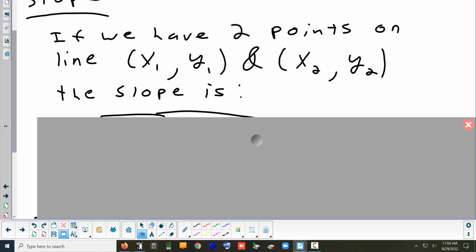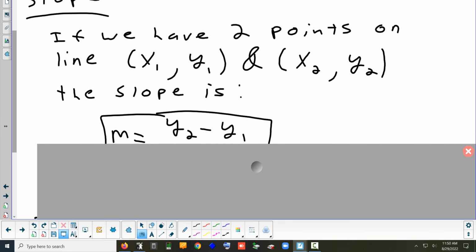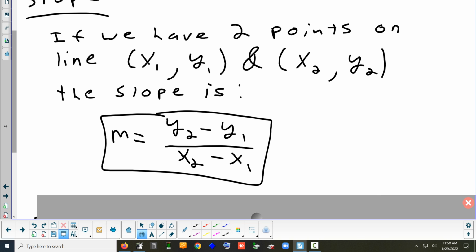Was it y2 minus y1 over x2 minus x1? Yeah. So that's your formula for slope. Sometimes people call it rise over run. Rise goes with the y's, so I remember which ones go on the top. So that's how you can find slope.